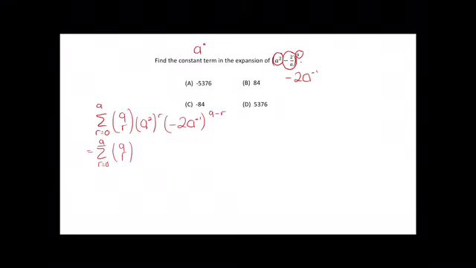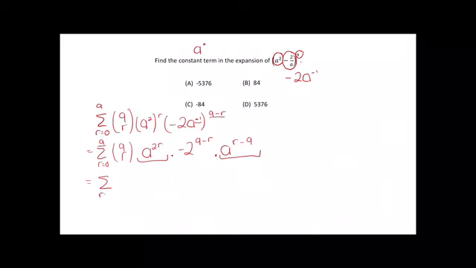So here I've got powers on powers, so that's going to give me a to the 2r. I'm going to separate this next part out, so I've got negative 2 to the 9 minus r, and I'm going to times this 9 minus r by this negative 1 to get the power for the a, so that's going to give me r minus 9. I've got a over here and a over here, so they can get combined.